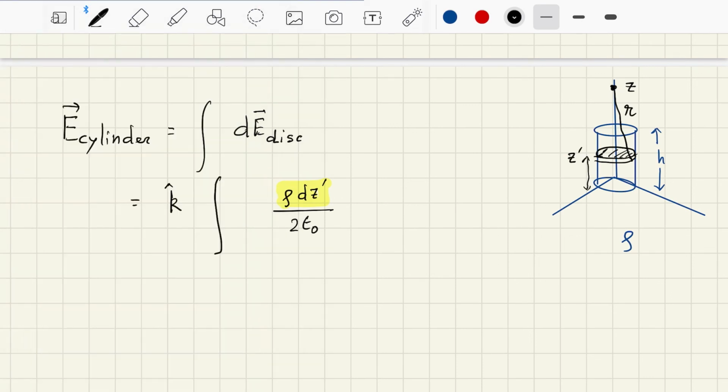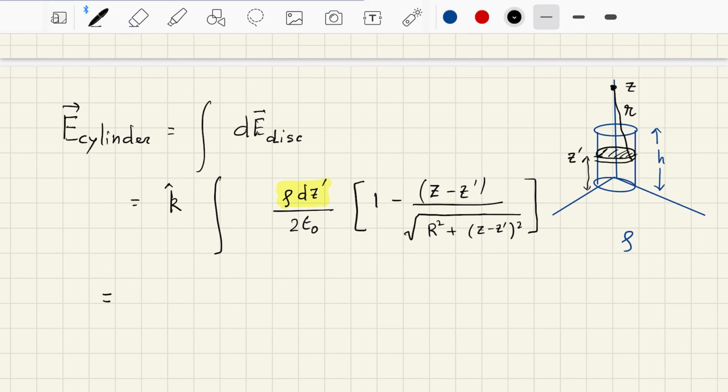So the distance becomes z minus z prime, by root over r square plus z minus z prime square. All right, and this is a simple integral, and I can write down the result directly.